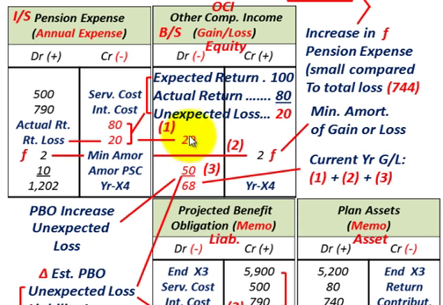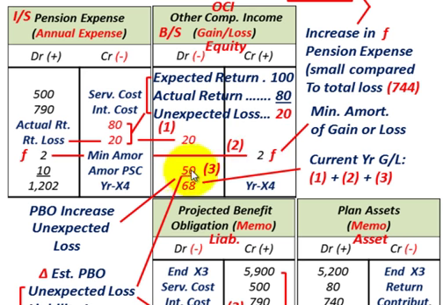So let's look at it. We had an unexpected loss on the return on the plan assets, so we debited or reduced our other comprehensive income. Then we had that amortization of the minimum loss. We credited or increased our other comprehensive income by that amount.